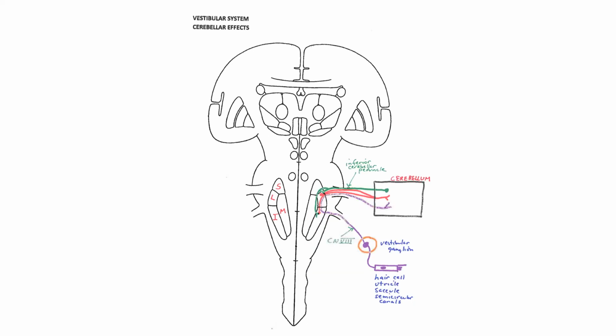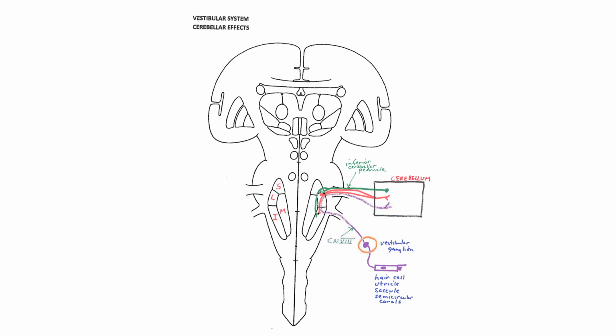If we are going to have motor innervation, we need motor system control. So our next tract is going to show how the cerebellum can affect the lateral and the medial vestibulospinal tract. So first of all, we are going to have neurons that are going to come from hair cells of the vestibular apparatus.